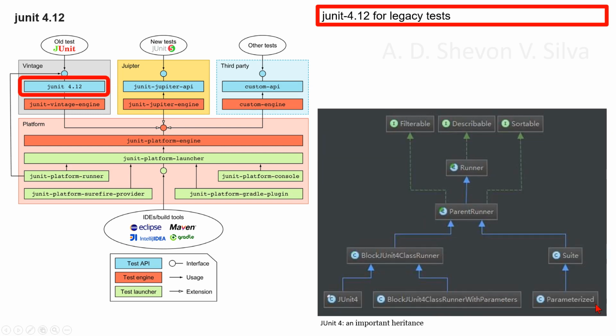Here you can see an important inheritance in JUnit 4. JUnit starts by using the JUnitCore class, which will run and finish the tasks for us. Another important inheritance is shown here.